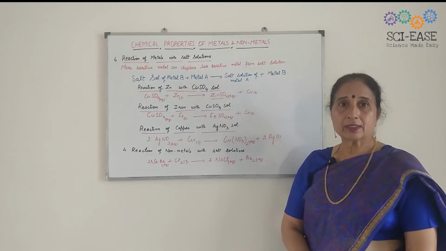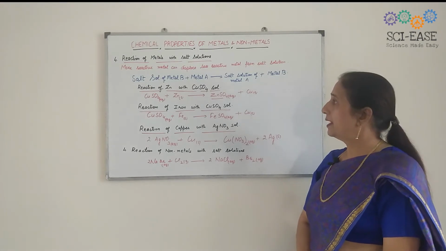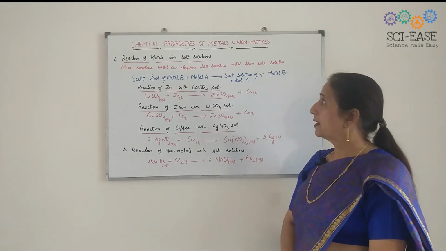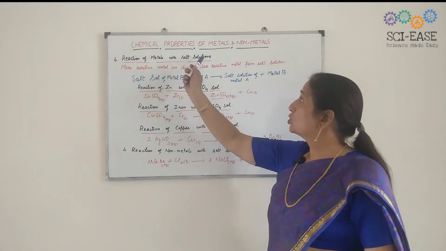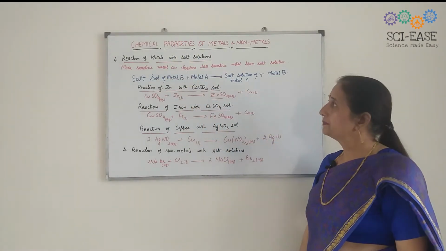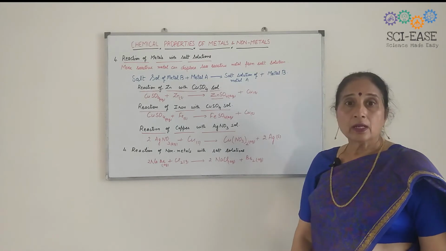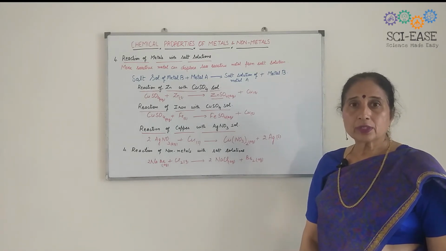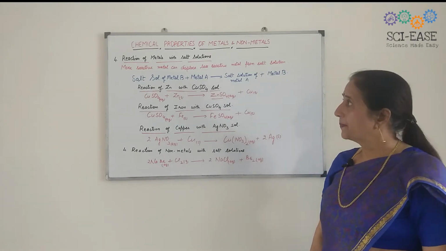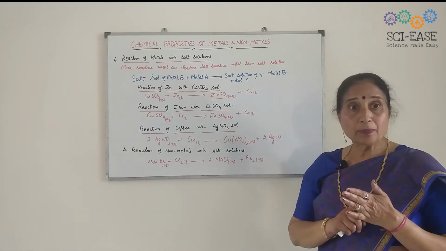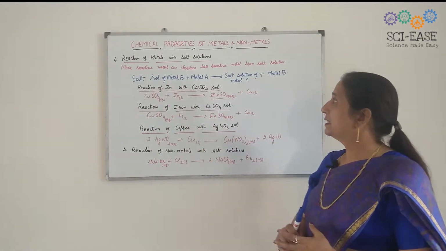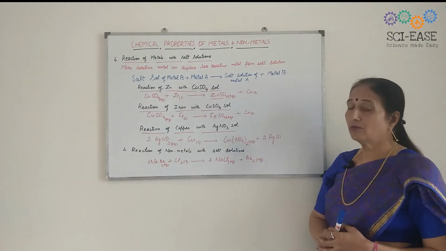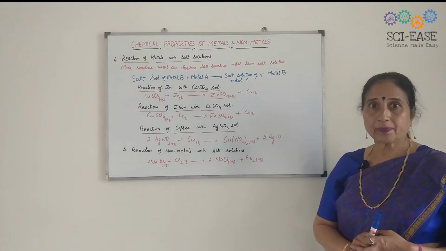The fourth difference between metals and non-metals is the reaction of metals with salt solutions. I have told you about the reactivity series. One thing should be clear to all of you: only the more reactive metal can displace the less reactive metal from the salt solution.